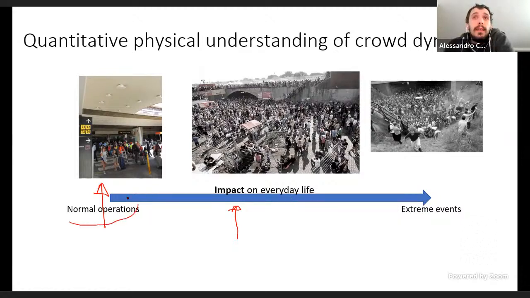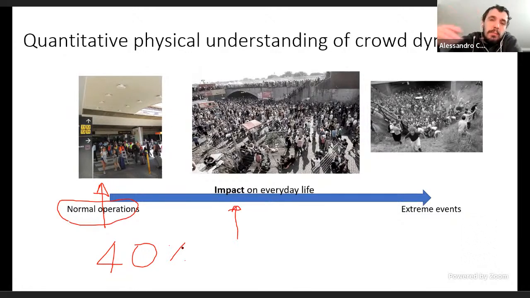This is certainly true in Europe. There is a growing pressure from society to increase our understanding of crowds, given that many European countries are densely populated, like the Netherlands, like Switzerland, and so on. There is generally a forecast that facilities such as train stations or airports will see an increase in pedestrian load of about 40% within the next 10 years, actually within 2030.